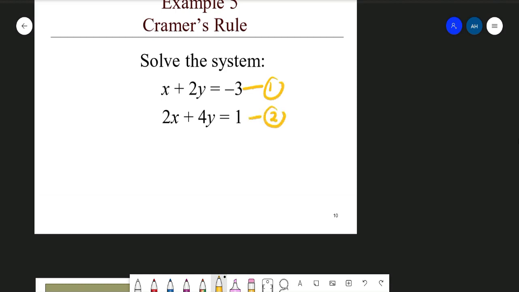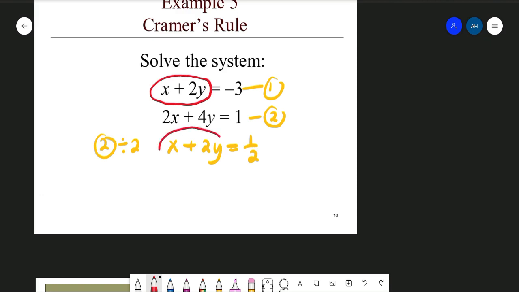Now, if we divide equation number 2 by 2, what we'll have is x plus 2y equal to 1 over 2. Let's call it equation number 3. You see the left hand side of equation number 1 and the left hand side of equation number 3 are the same.